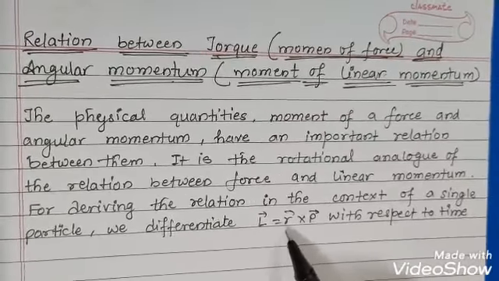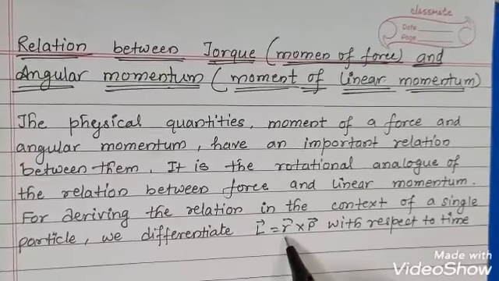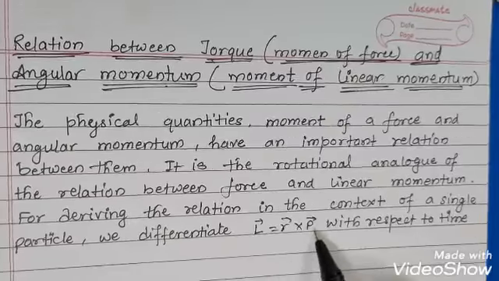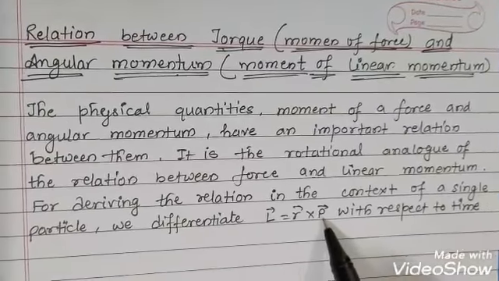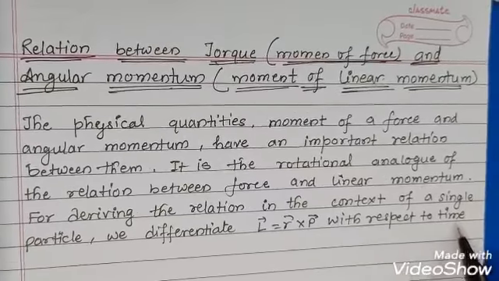Angular momentum is the cross product of the perpendicular distance from the line of action of linear momentum and the linear momentum. Now we'll differentiate this relation with respect to time.